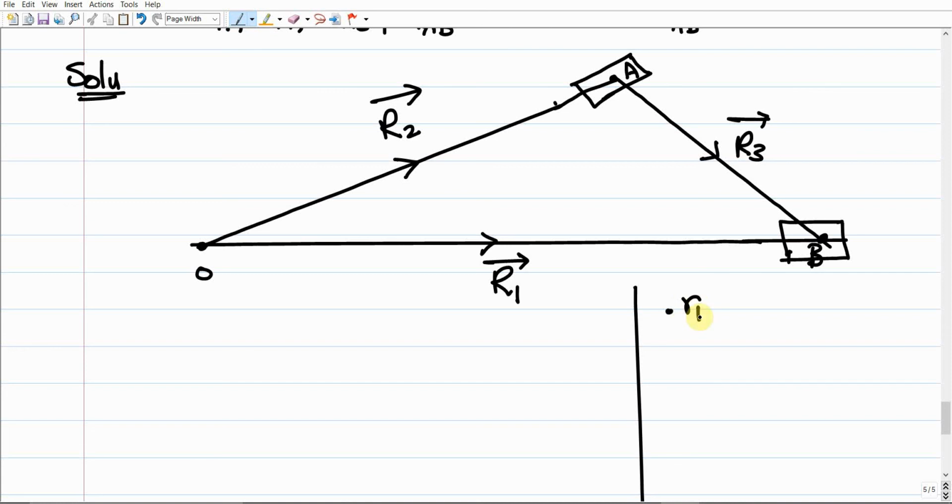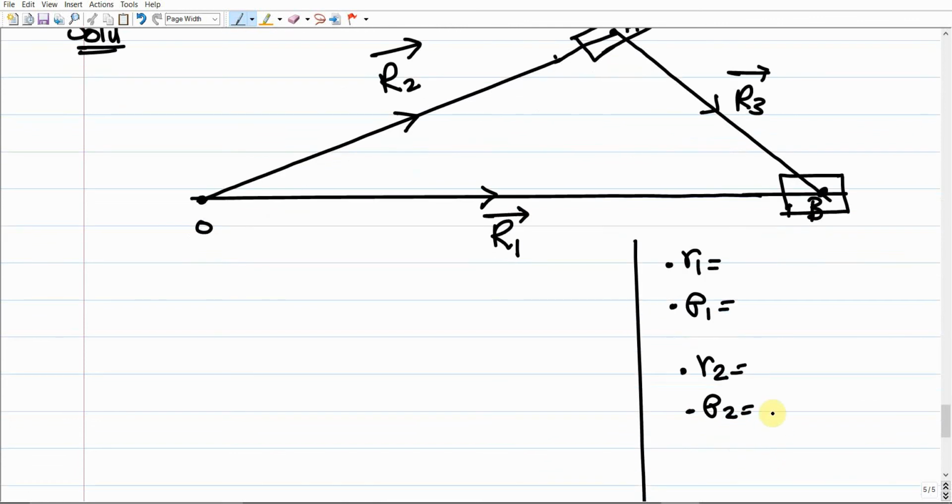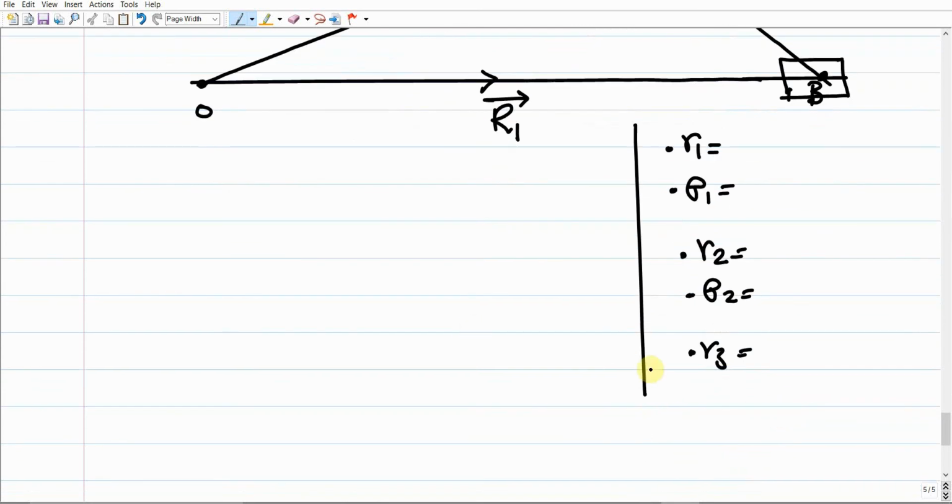So it means that we should have R1 and theta 1, and as well, we should have R2 and theta 2. The same thing for R3 and theta 3. Make sense?